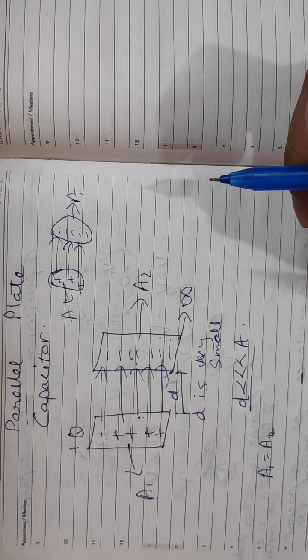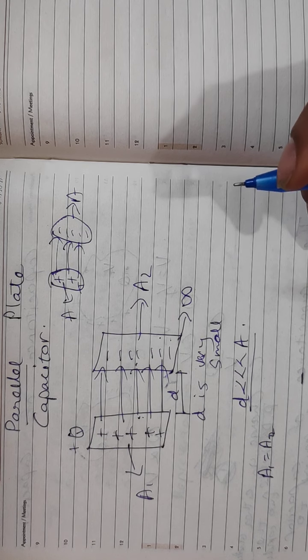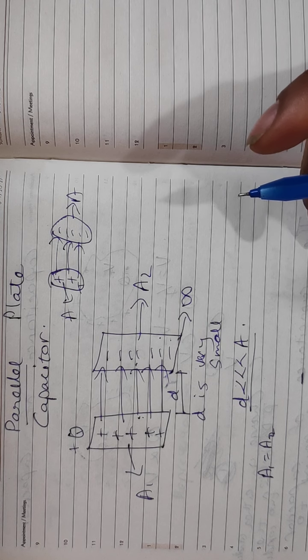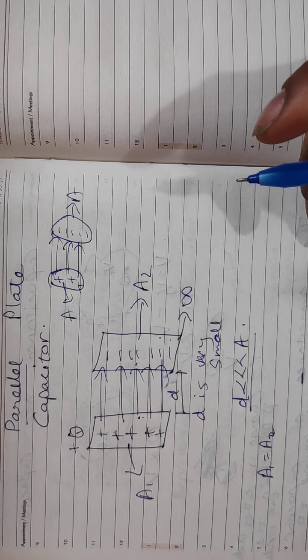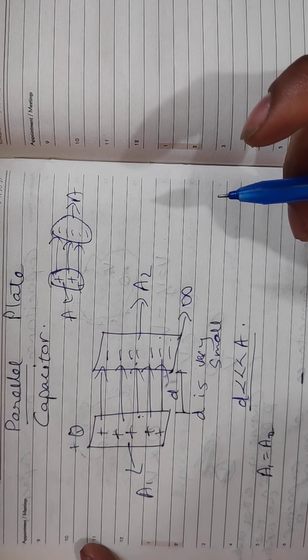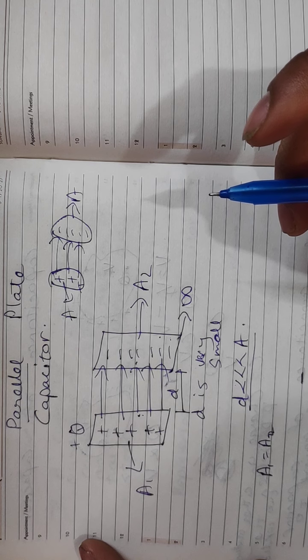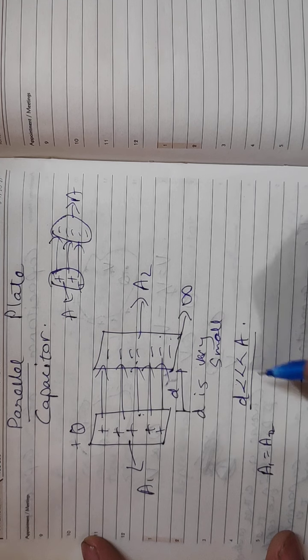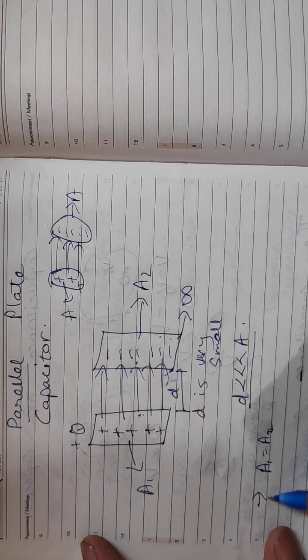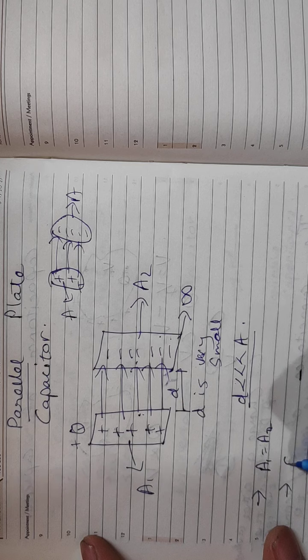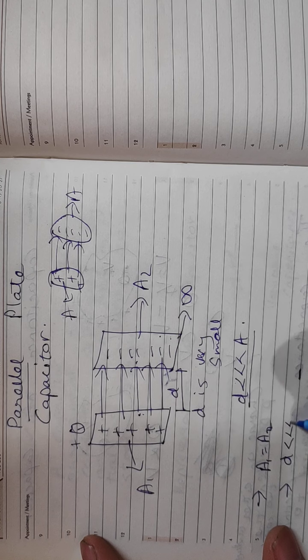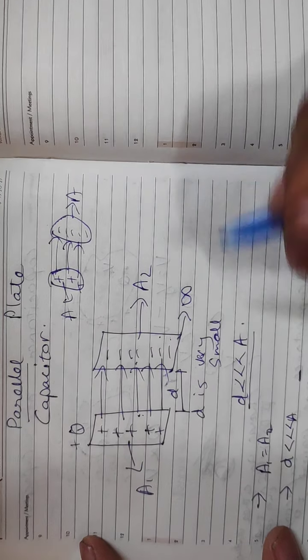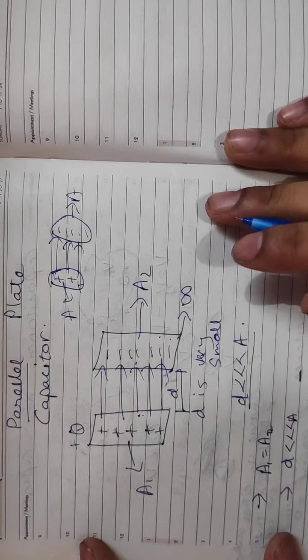For us we can see the whole wall, but when the ant is in the center of the wall, it can see only the wall on all the sides of it, as far as the ant can see. So for the ant the wall becomes an infinite plate. So two conditions: one is this, and the second condition is d is very much less than a, or the plate is infinitely long.